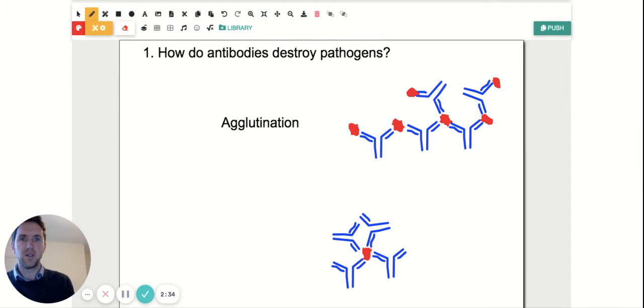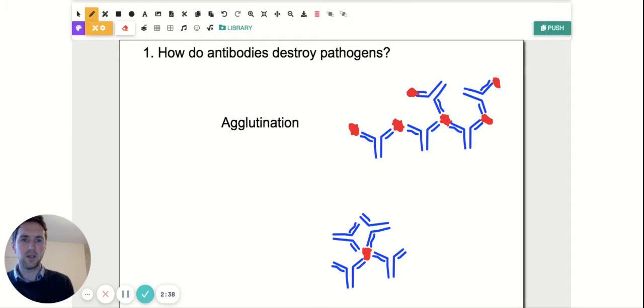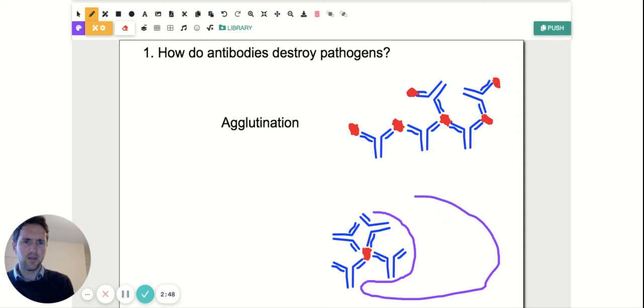So let us very quickly draw a quick phagocyte. So this is obviously not to scale. The antibodies will be a lot smaller and the phagocyte will then be, this is a rather scary big phagocyte doing its job. And there's a nucleus.